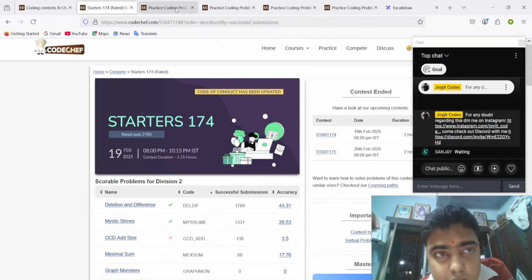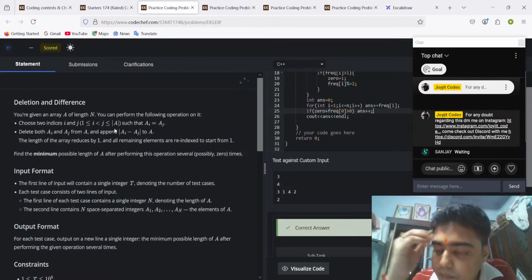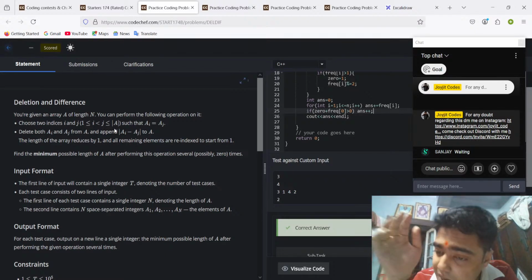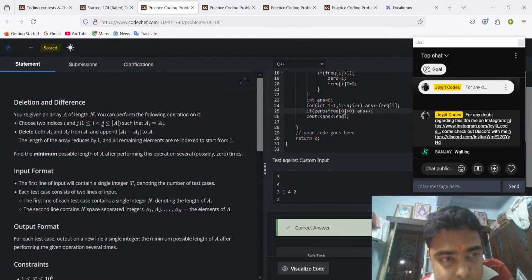Okay, sorry. Yeah. See, Deletion and Difference. You're given an array A of n integers of length n. You can perform the following operation on it.